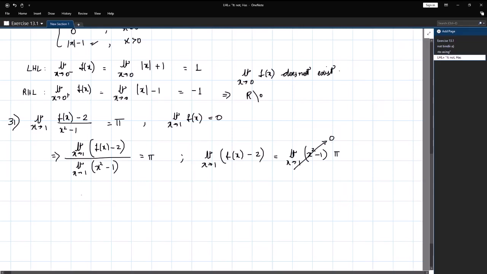So what we have here is limit x tends to 1 of f of x minus 2 is equal to 0. So this is nothing but limit does not apply to any number. So this can be sent to the right hand side. What we have is limit x tends to 1 of f of x is equal to 2.